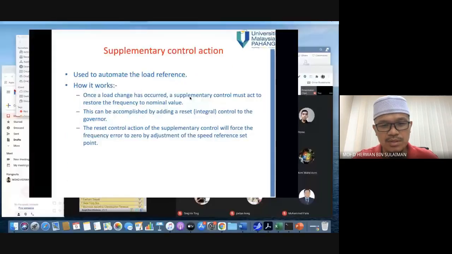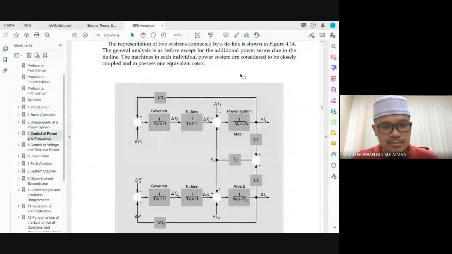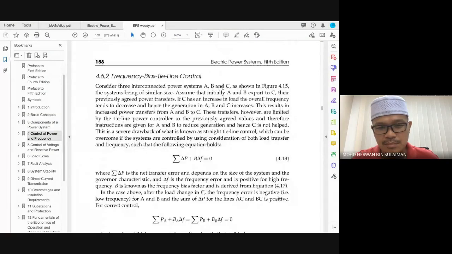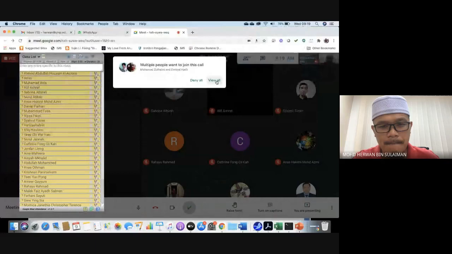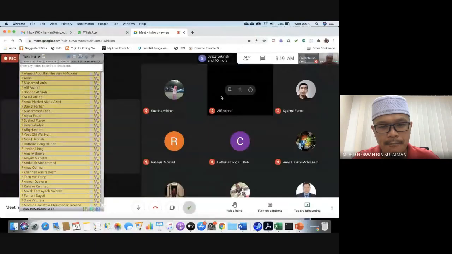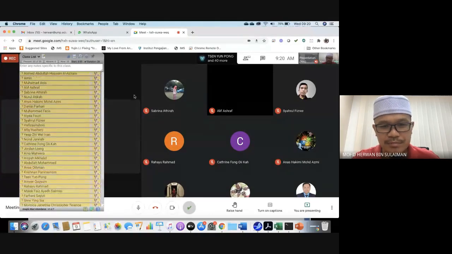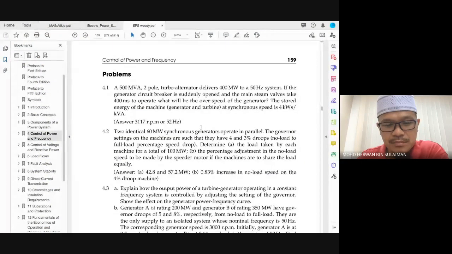So let's take a look at the example in the books here. I don't know why you cannot capture. It's supposed to be auto capture. Okay, never mind. We look at the other example.